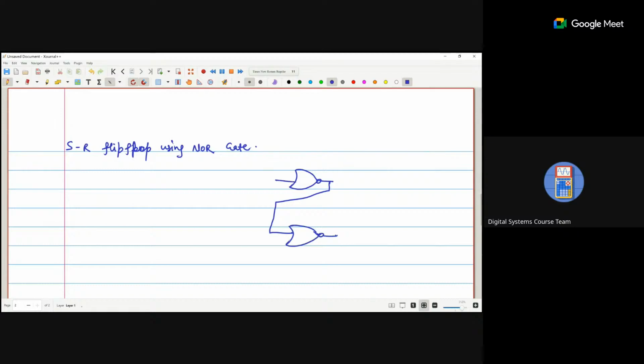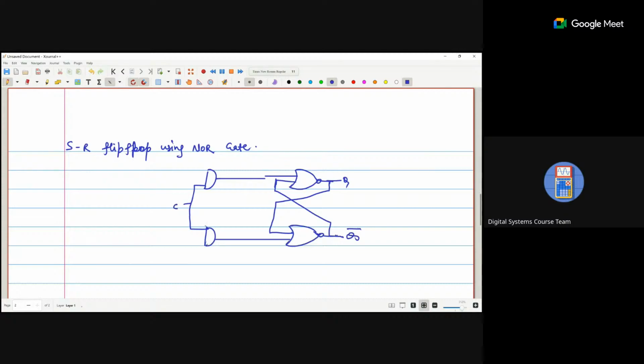The output is connected with the second input. This is the Q bar. Here we are using an AND gate, whose output is connected with one flip flop, and one more AND gate whose output is connected with the second.